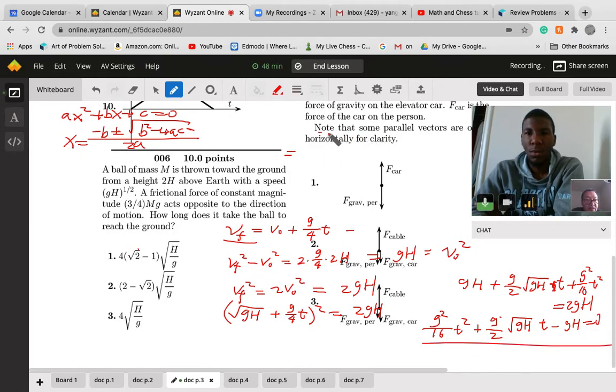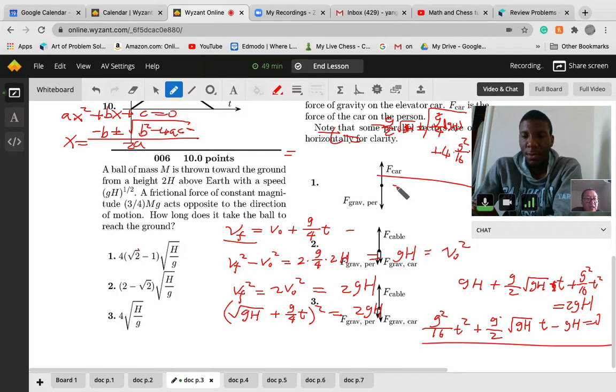We can get t equals negative g over 2 root gh. This is negative, this is b, okay? Then plus minus this one squared, that will be g squared over 4, then times gh, because square then got gh. Then minus 4 times g squared over 16, then times gh. It will be positive. Then square root, that's 2 times g squared over 16.